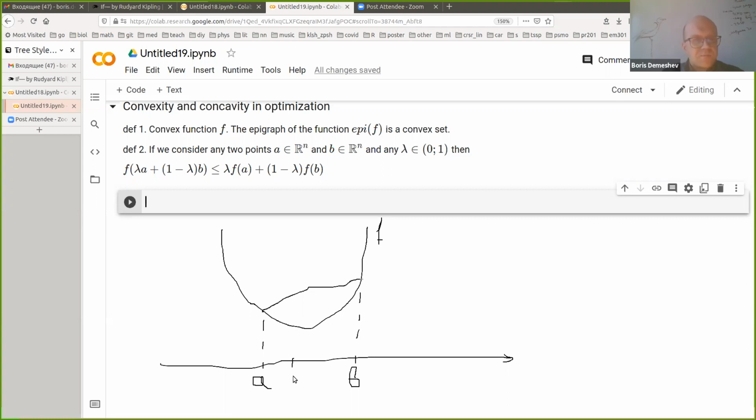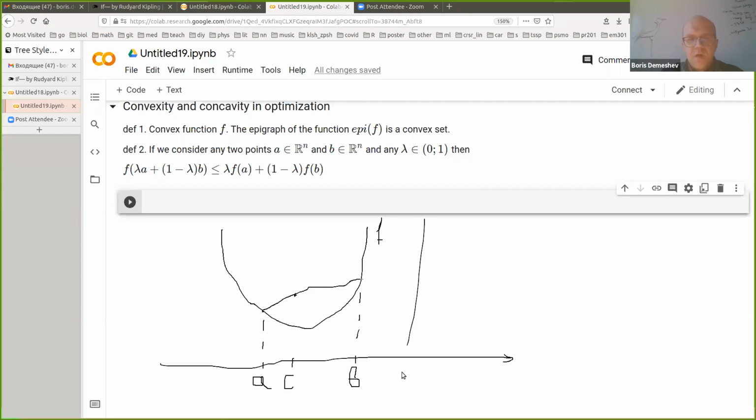This is a point in between A and B, let's say C. And we see that f of C is below. So the linear combination of f of A and f of B is higher.